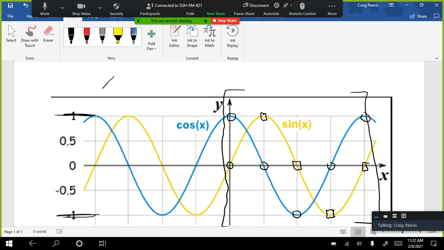Okay? And if you notice, when you have those 5 separate points, it divides the graph into 1, 2, 3, 4 sections. It's either going to be descending, bottoming out, ascending, whatever.